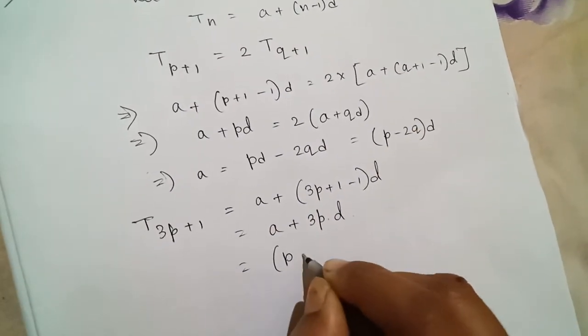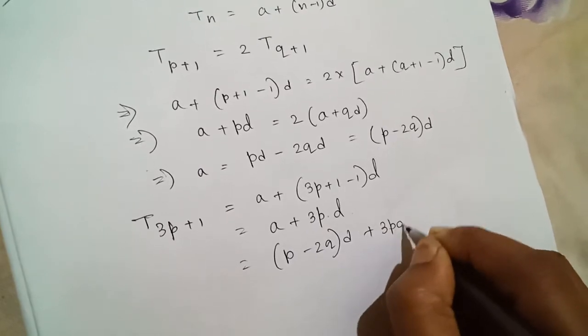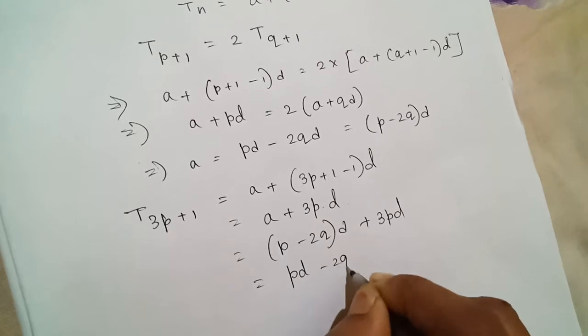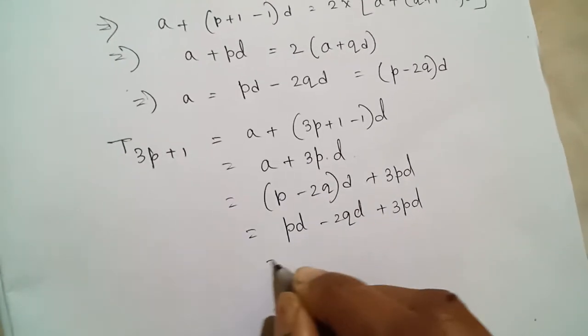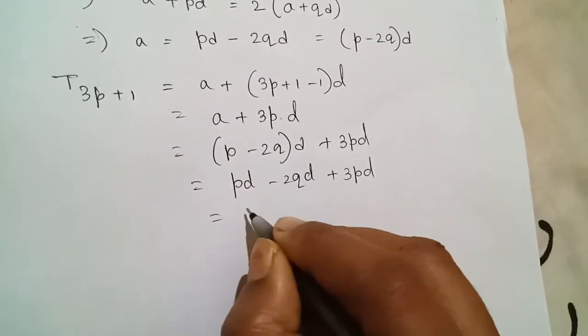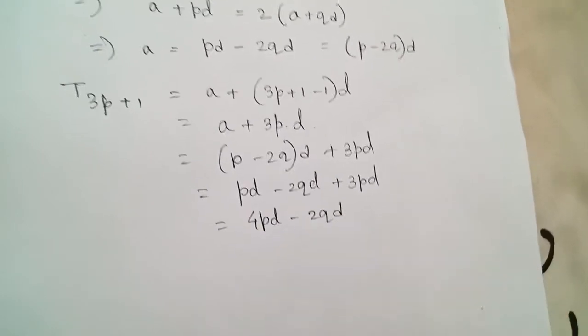It will be P minus 2Q into D plus 3P into D. That means it becomes PD minus 2QD plus 3PD, which equals PD plus 3PD, that is 4PD minus 2QD.